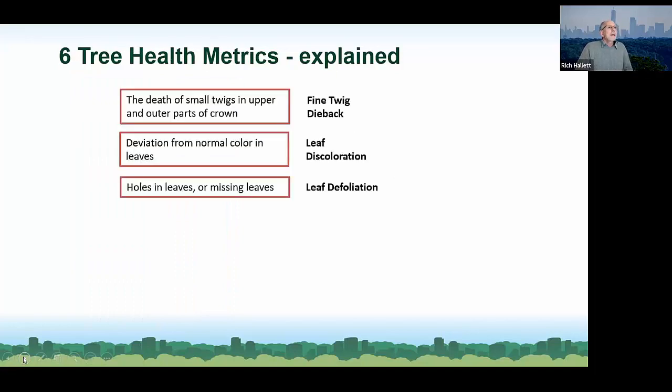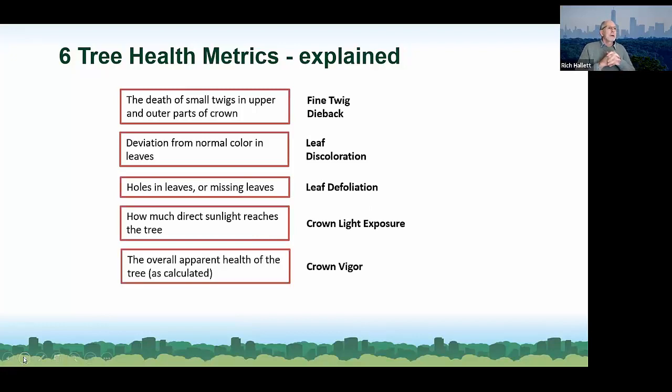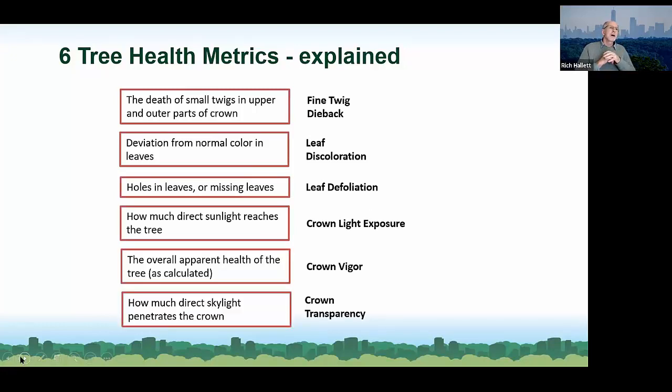Fine twig dieback is an estimate of the small twigs in the upper and outer parts of the crown, leaf discoloration, leaf defoliation. Crown light exposure is an estimate of how much light the tree might be getting, which we can correlate with some of these stress variables. Crown vigor is a holistic view of all of the variables that we look at for stress, coming up with a single rating based upon a set of rules.